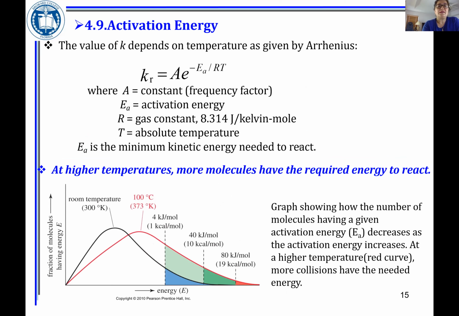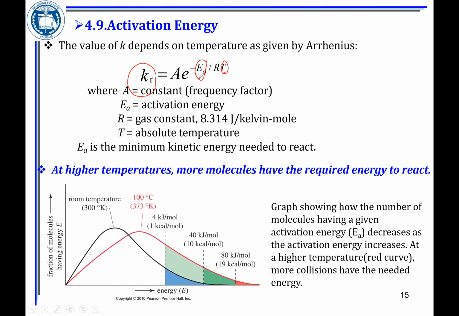So if you look at the Arrhenius equation, the rate of a reaction depends on temperature and on activation energy. How could you increase the rate of the reaction? You can look at some of these factors.